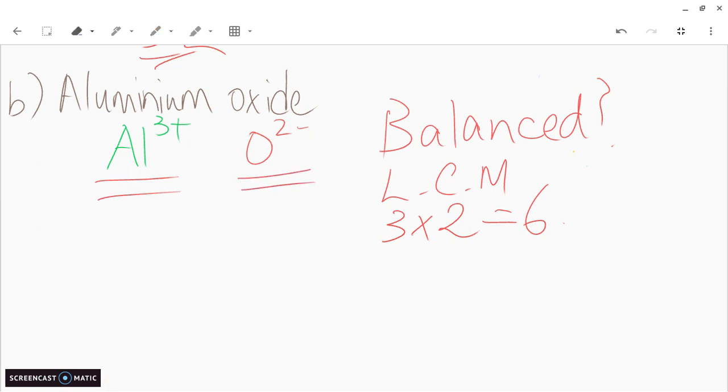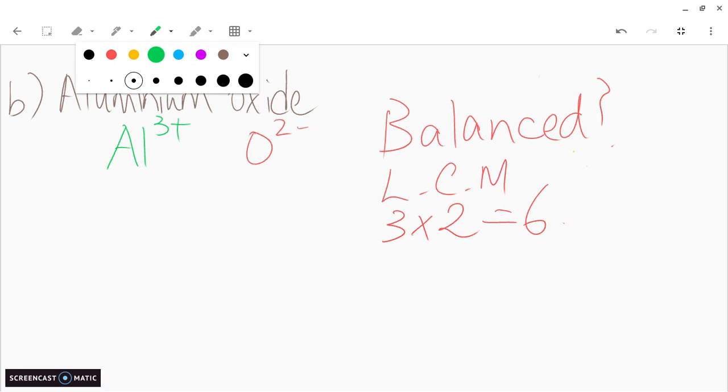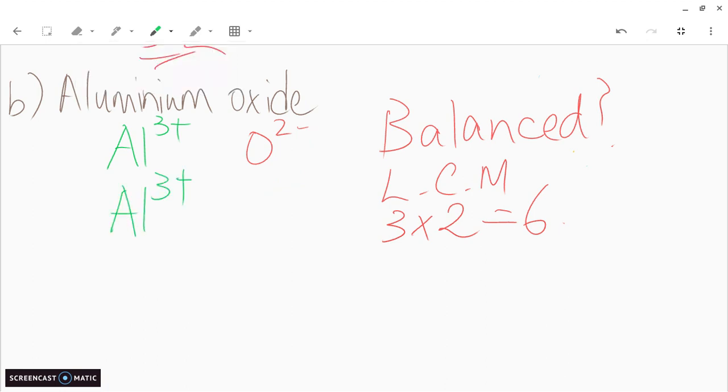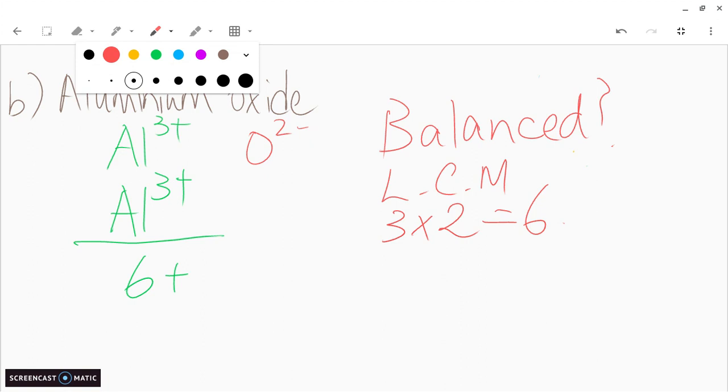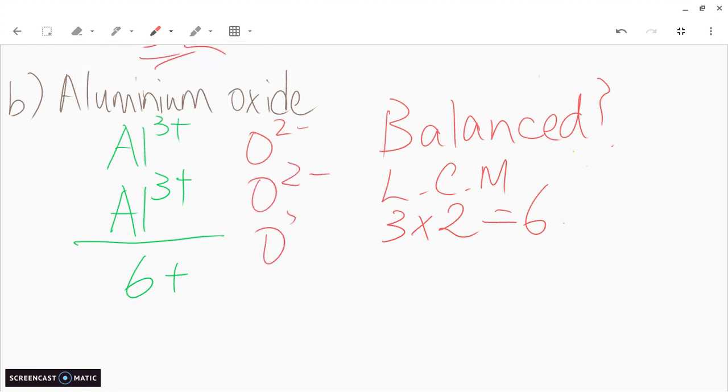How can we do that? On the left, I would add one more aluminum. So the overall charge I get is 6+, whereas for oxide ion on the right, I would add 2 more. The overall charge right now is 6-, so both of them are now balanced.